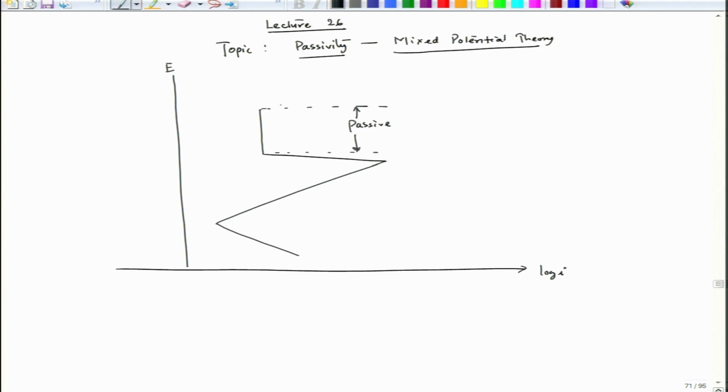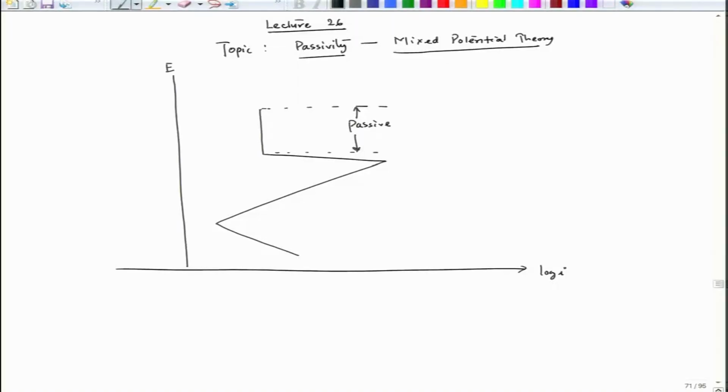After that, we can have an increase in current density either due to transpassivity, or due to oxygen evolution reaction, or due to formation of a porous film, or due to breakdown of the passive film due to the effect of chloride ions or halides.